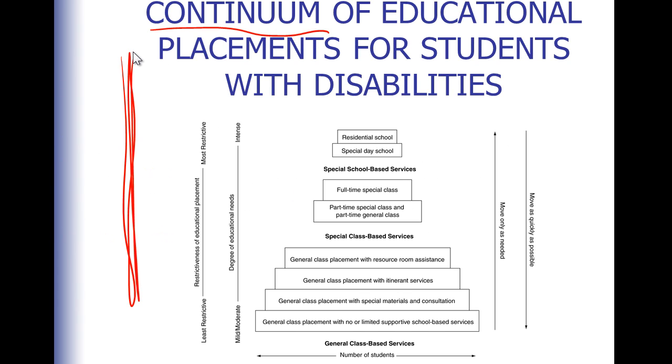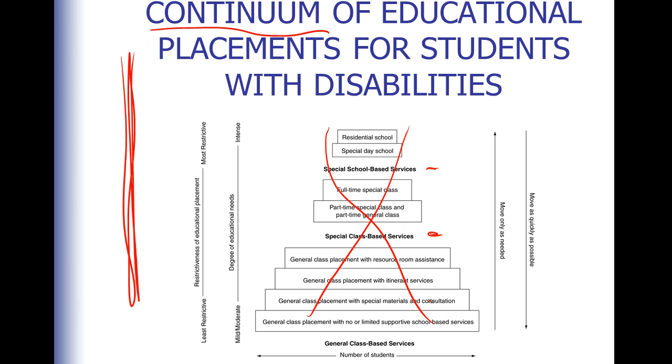Here's a little of what we talked about: school services, special class services. I'm going to simplify this for you. Could you practice saying that word a little to yourself now? Because I want you to speak eloquently about special ed, and that is the continuum of educational placements for students with disabilities.